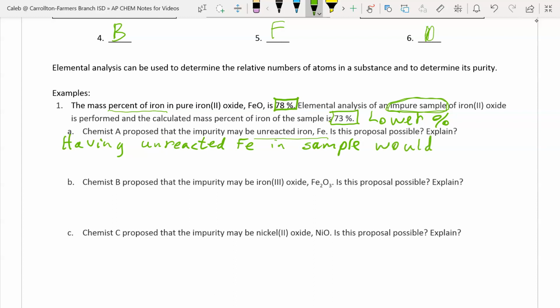That would lead to a higher percent mass of Fe, not lower.